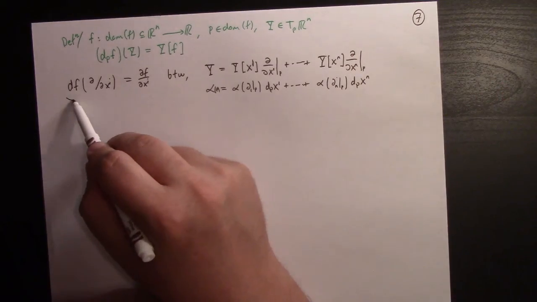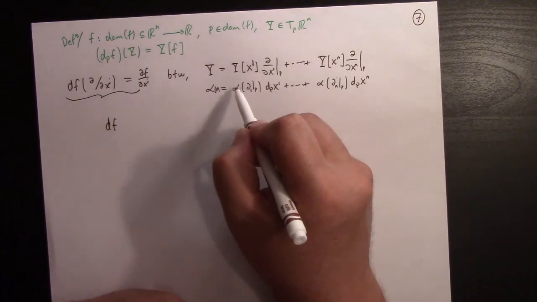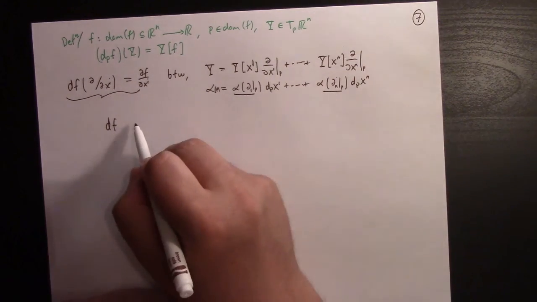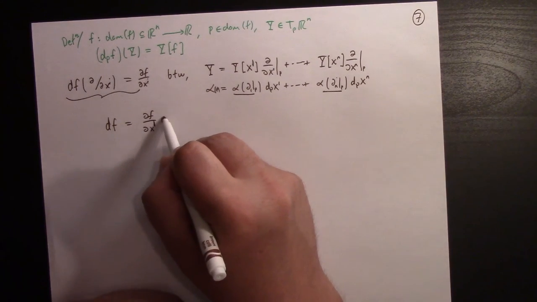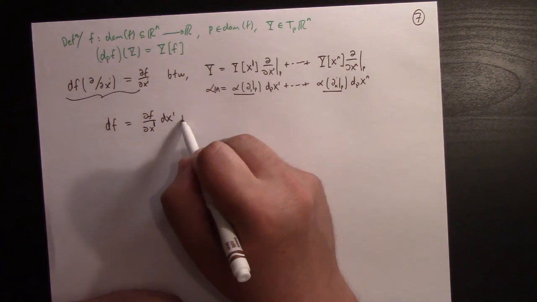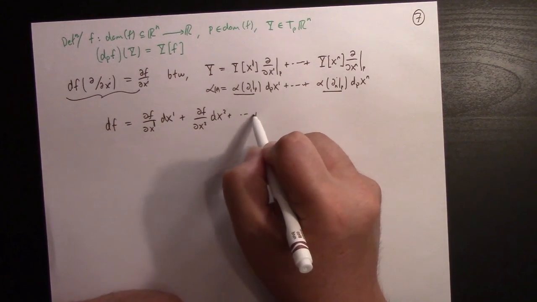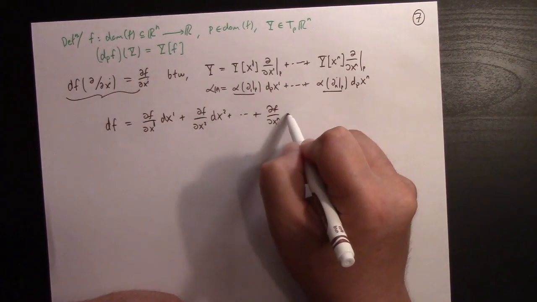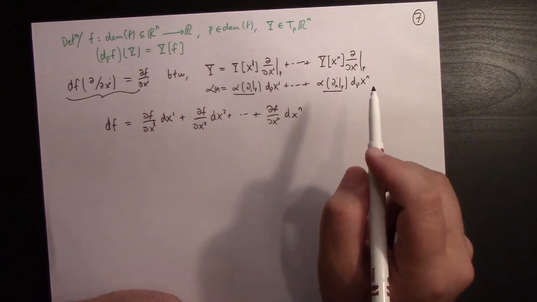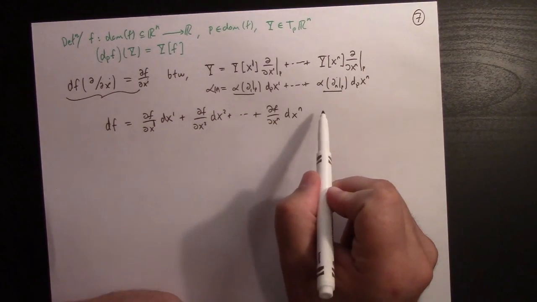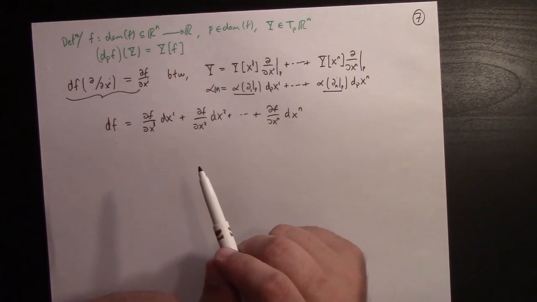So the fact that I have this shows me that in fact I can write df with coefficients partial f partial x1 dx1 plus partial f partial x2 dx2 and so forth and so on. Of course, that's the total differential we wrote in multivariate calculus, but now it actually has an active meaning. It is a one form, a differential one form. If you plug in a point, it's a covector.